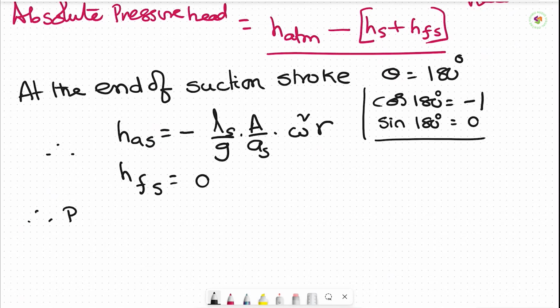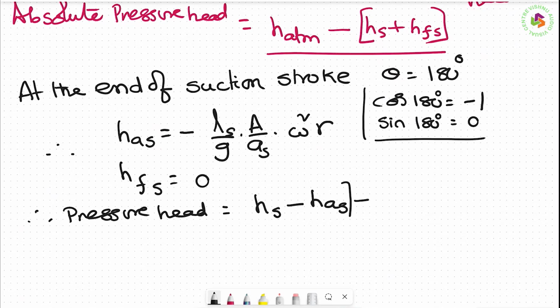Therefore, pressure head is equal to Hs minus HAS, as HFS is equal to 0.